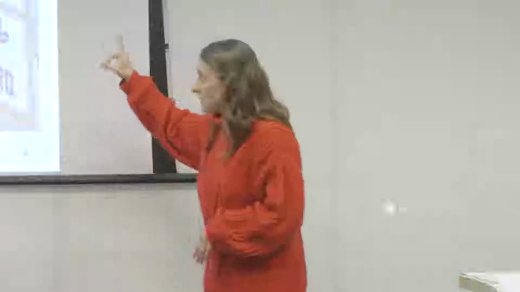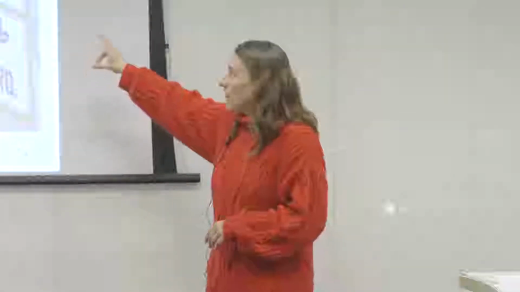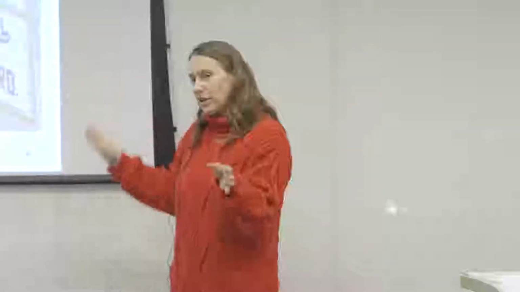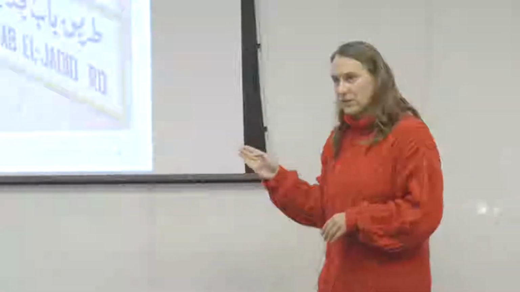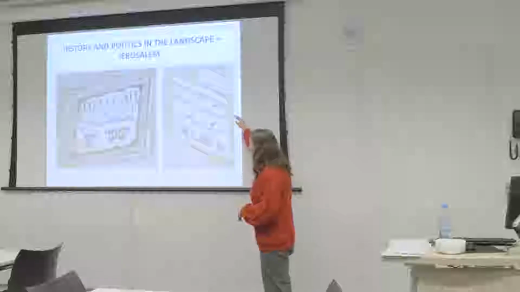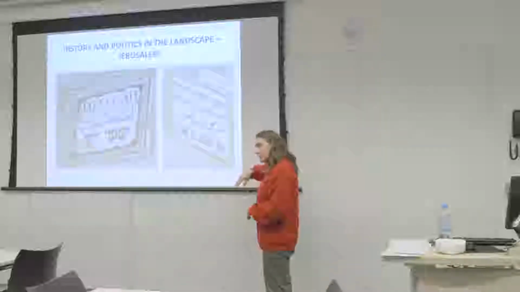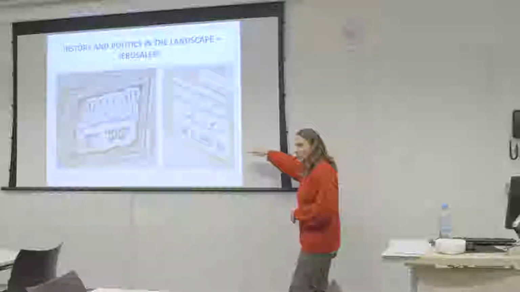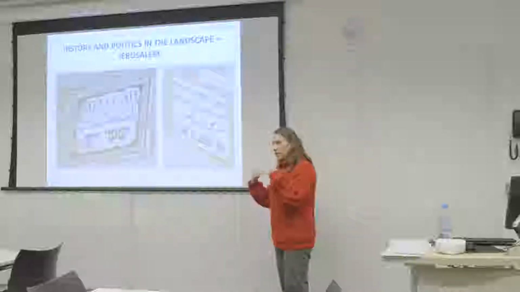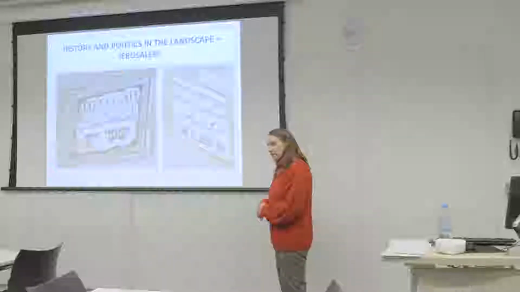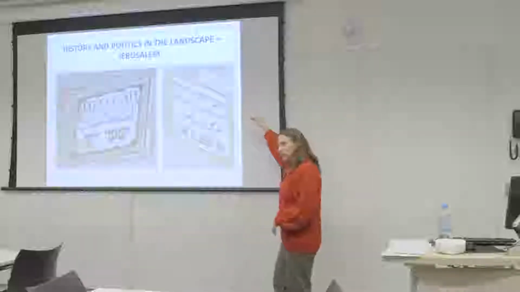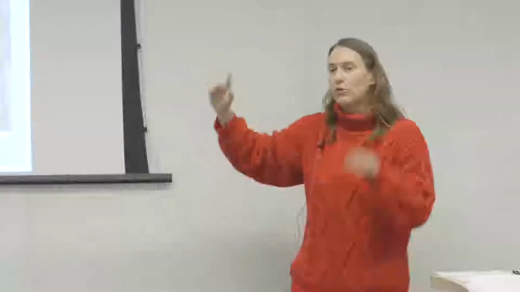Now, these signs are typical for originally the period 1948 to 67, so until the start of the Six-Day War, when Jerusalem was under Jordanian control. That's why Arabic is there at the top, followed by English or the transliteration. And then when Israel took on the Old City again, they added the box at the top with the Hebrew signage to then also show, hold on, this is ours again.